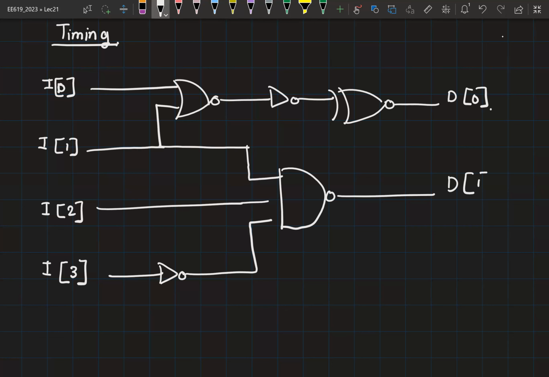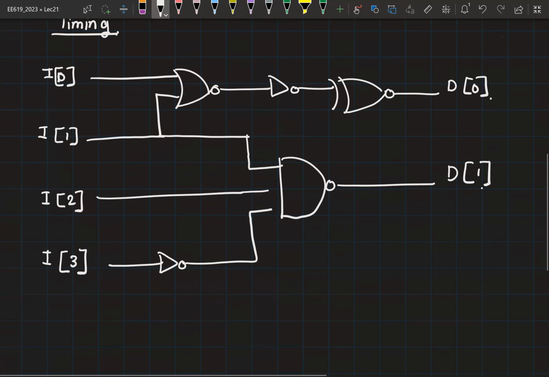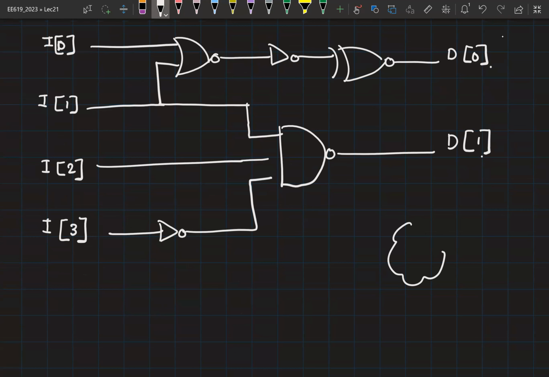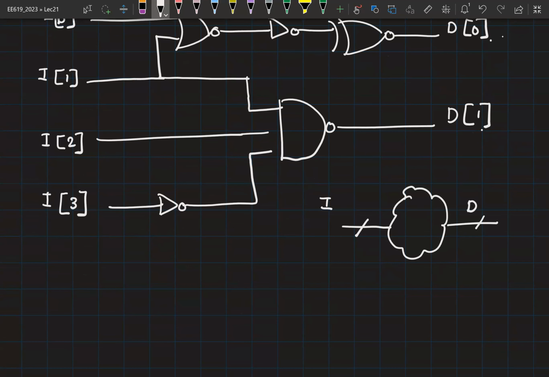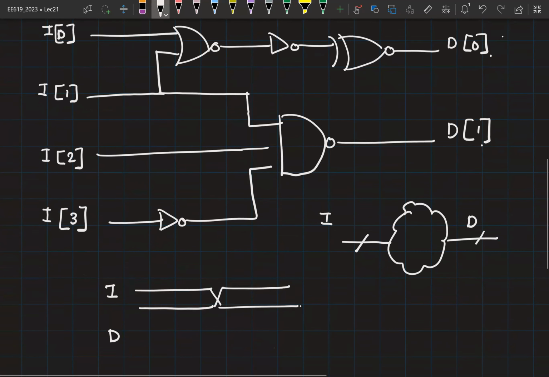And this is D1. So effectively, you have some combinational logic with input as I, which has 4 bits, and output as D, which has 2 bits. So if I were to look at its timing diagram, let's say the input is I, it's changing at some instant as shown here. How would the timing diagram for D look like?